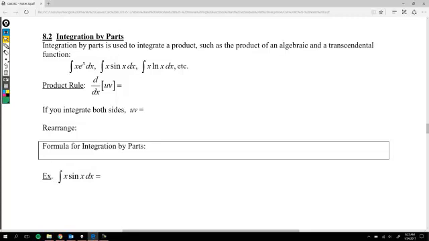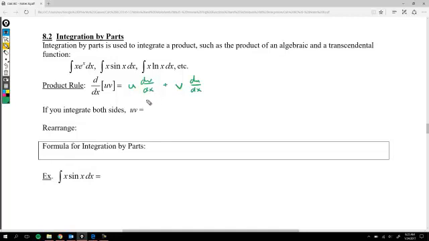Right, so first let's derive it. If I'm multiplying two functions together, we have to use the product rule if we want to take the derivative. The way we could write that would be u dv dx plus v du dx, where dv dx is just the derivative of v.